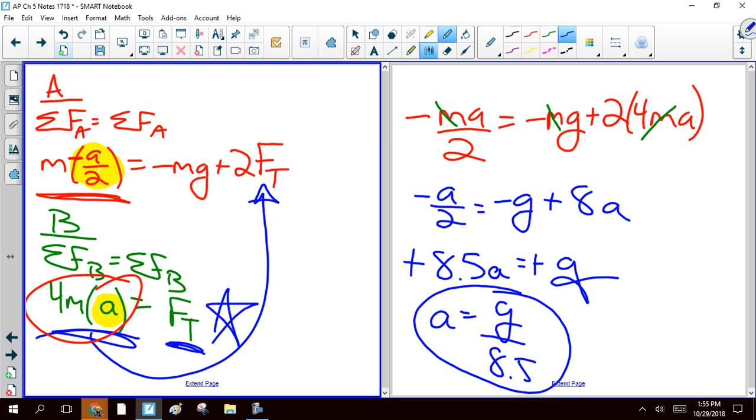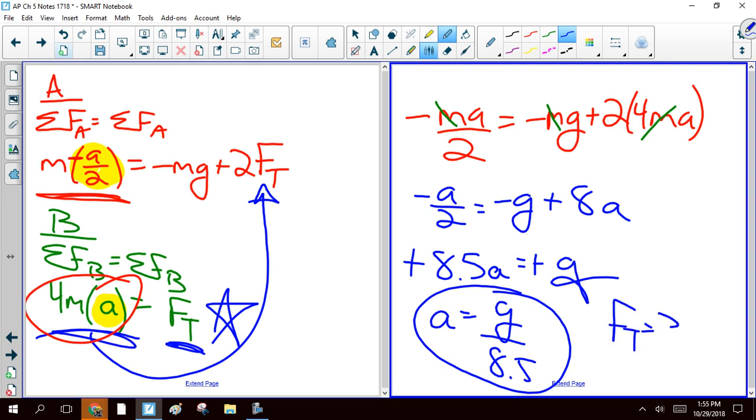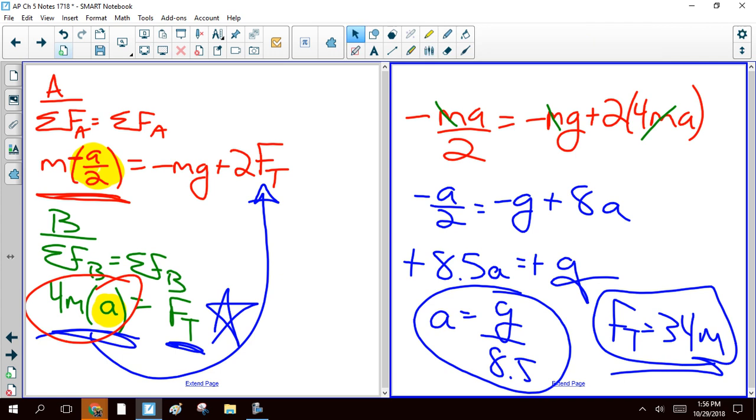So your tension is going to be 4 times 8.5, which is 34m. Okay? So that is that. So, takeaway: if your objects have different accelerations, you can't start with the system. You have to look at the individual parts and solve these in a system of equations.